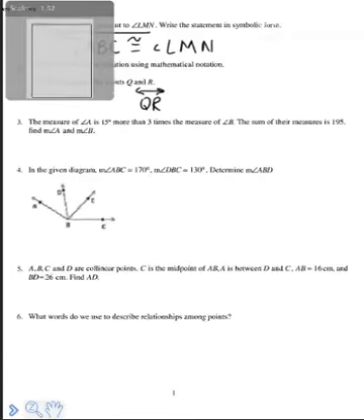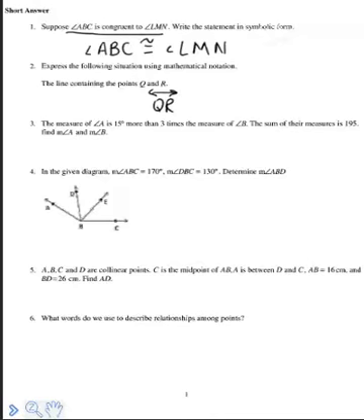Question 3. We have two angles, angle A and angle B. The first, it says measure A is 15 more than 3 times measure B. The sum of their measures is 195 degrees.